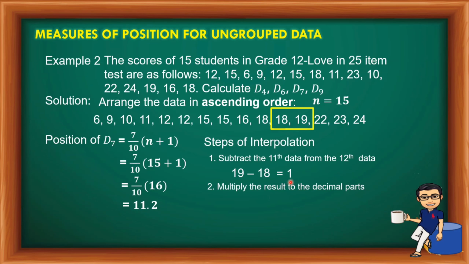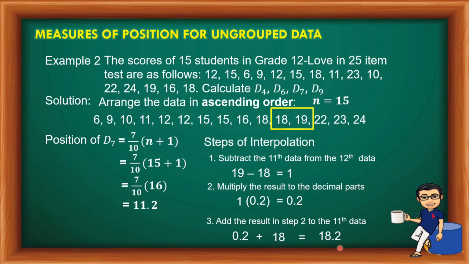Then, multiply the result, which is 1, times the decimal parts, which is 2 tenths. That will be equal to 2 tenths pa rin. So, let's have the next one. Add the result in the step 2. Ito yon. Tapos, yung mababa dito, which is 18. Or the answer is 18 and 2 tenths. Therefore, our decile 7 is 18 and 2 tenths.